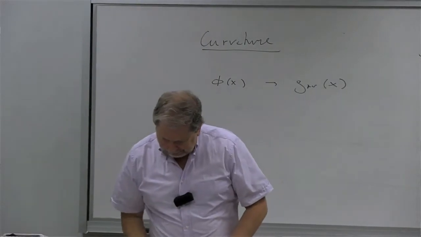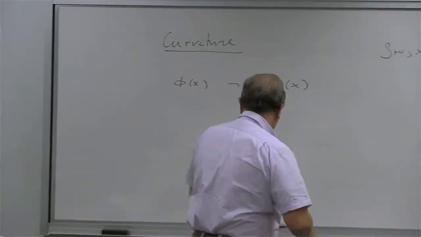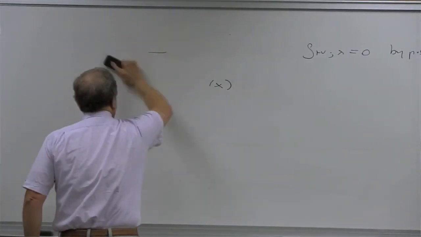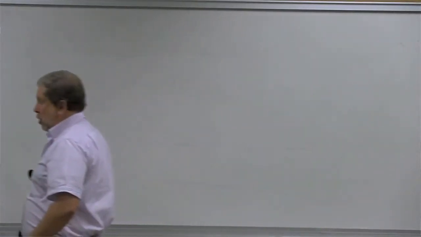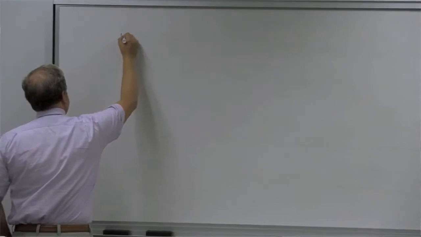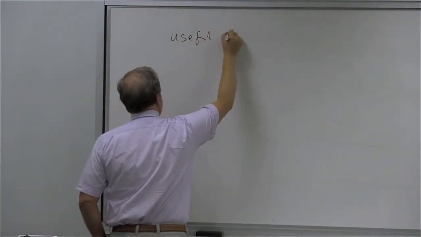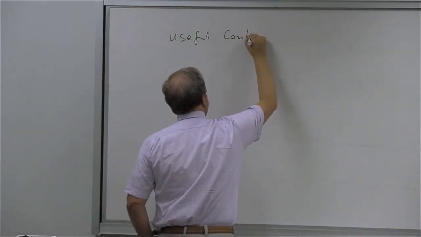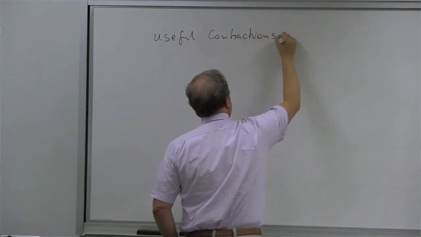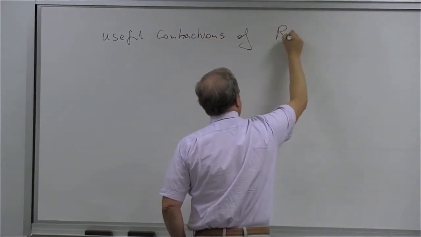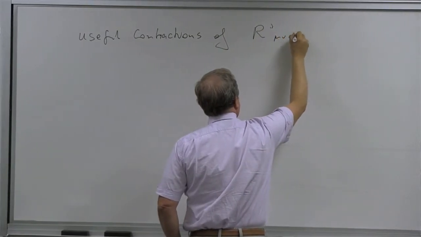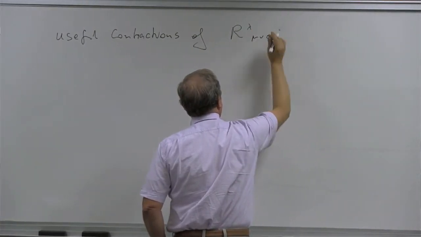And so it is useful to construct simpler objects. So there are useful contractions of this R lambda mu nu sigma, right, of this Riemann tensor.